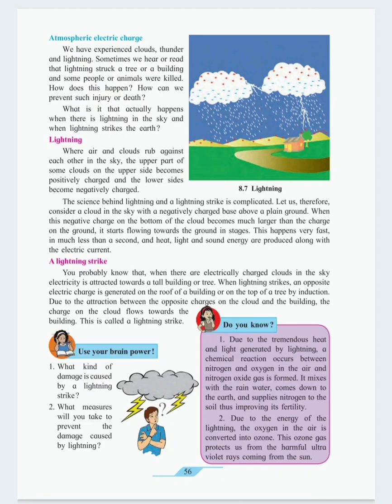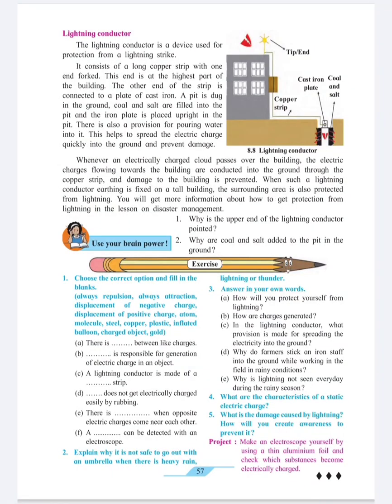They attract each other. So when there are opposite charges between the clouds and the roof of the building or the trees, they will attract each other. And finally, that strike falls on that building. Now what can be done to prevent this?